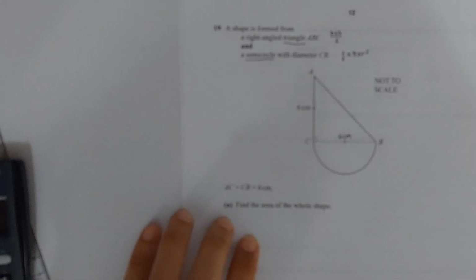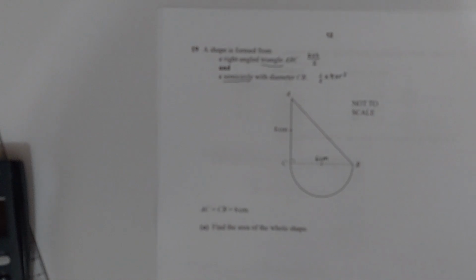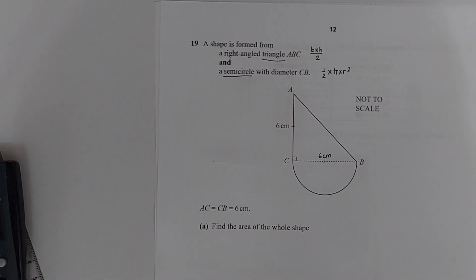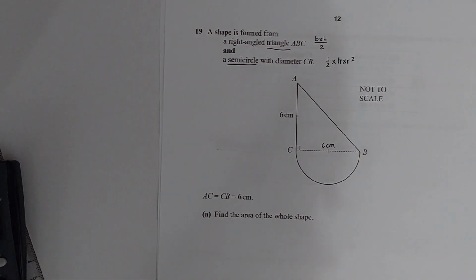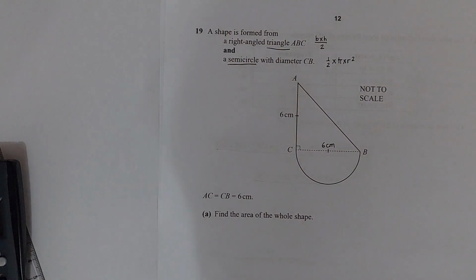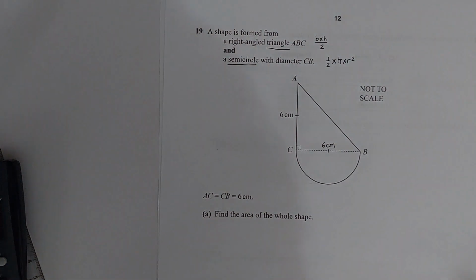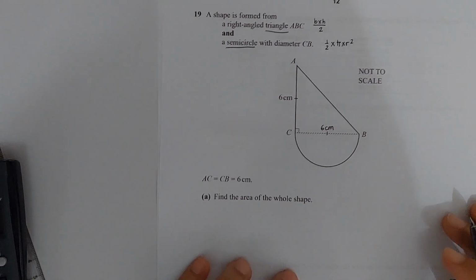So that will be the formula. Oh, wait, why is this one blurry? Yeah, so that's the formula to find the area of the semicircle, and also the right angle triangle. So let's go, we will find it one by one. The first one is the right angle triangle.